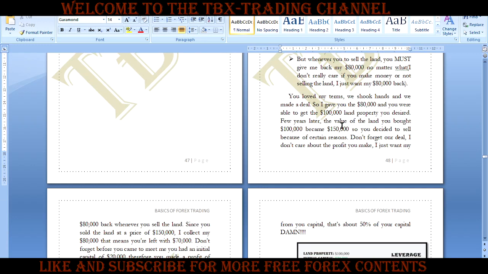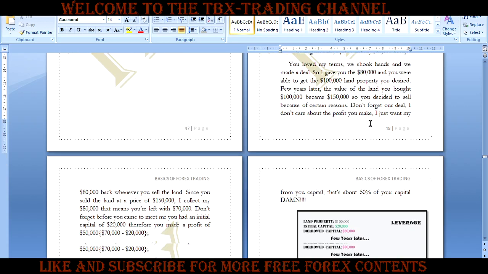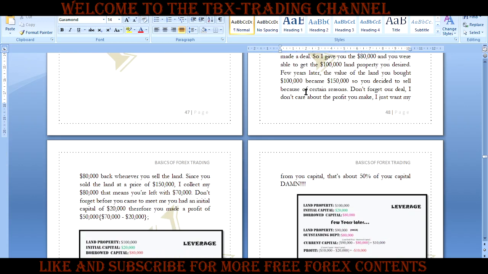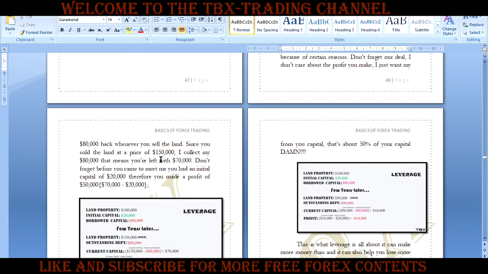A few years later, the value of the land you bought for $100,000 became $150,000. So you decided to sell because of certain reasons. Don't forget our deal. I get $80,000 back whenever you sell the land. Since you sold the land at a price of $150,000, I collect my $80,000, which means you have $70,000 left.